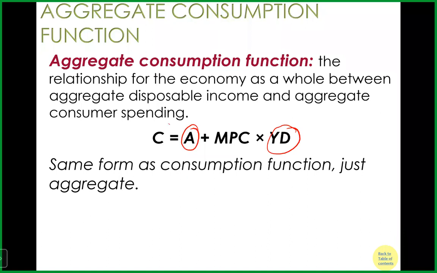Similarly, C will change to aggregate. So this aggregate consumption function is pretty much the same as the individual consumption function we discussed. The key things are that it's a straight line and the slope equals MPC. Those are the key things. Right.